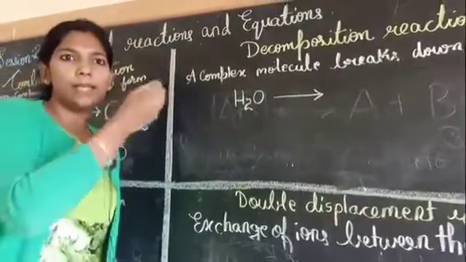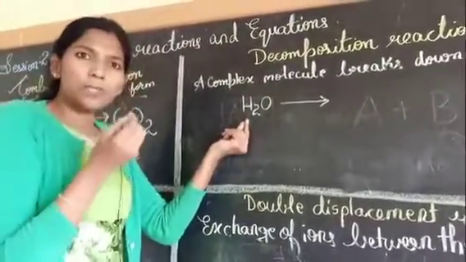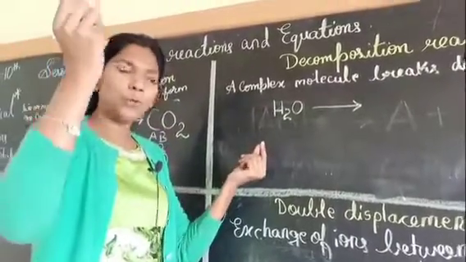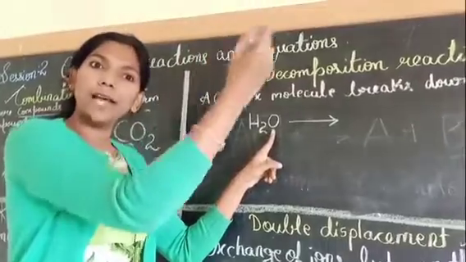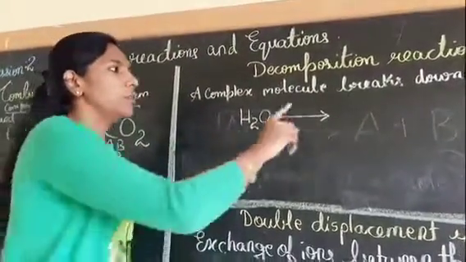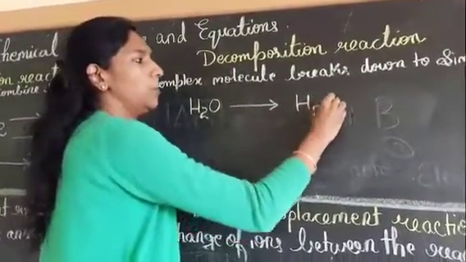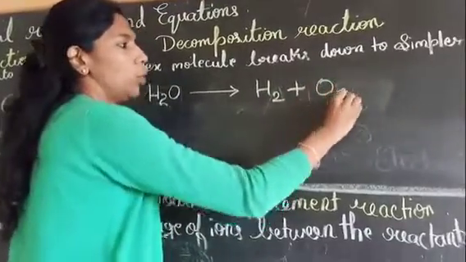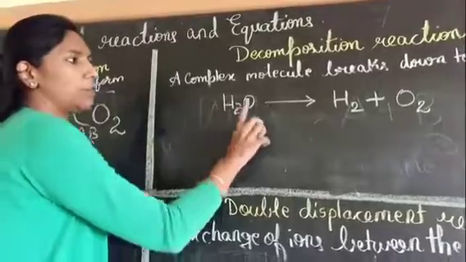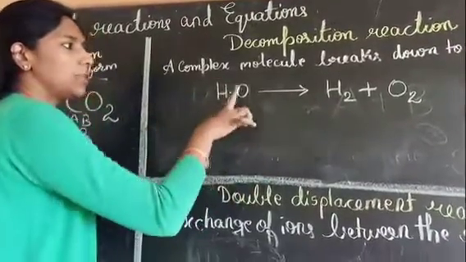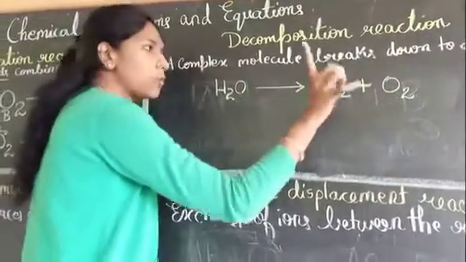The bubbles towards the cathode will be hydrogen. Bubbles towards the anode will be oxygen. So here, how is it going to get decomposed? H2 plus O2. Again, you have to balance it. In the same way, we have balanced it. Hydrogen, how many? 2. It's balanced. Oxygen, no, it's not balanced.